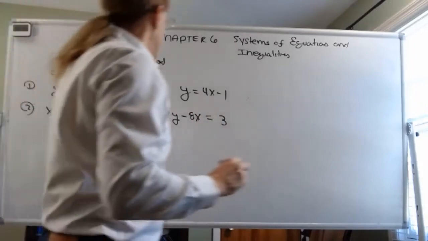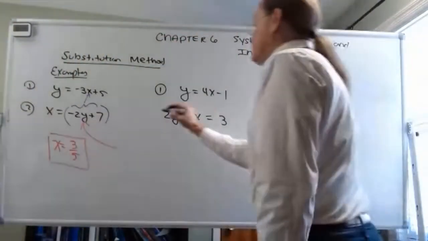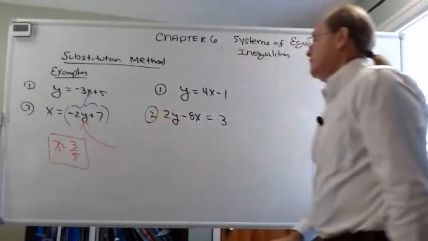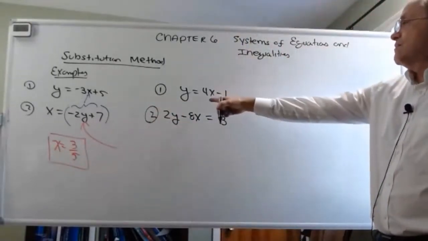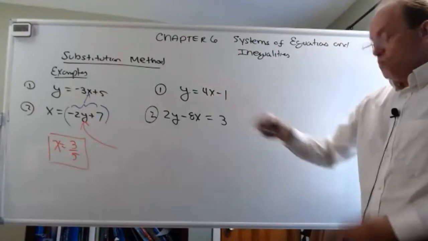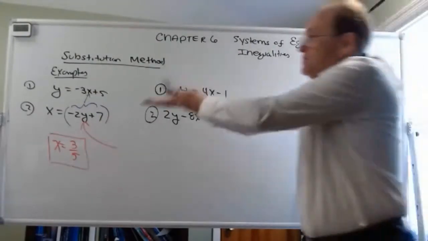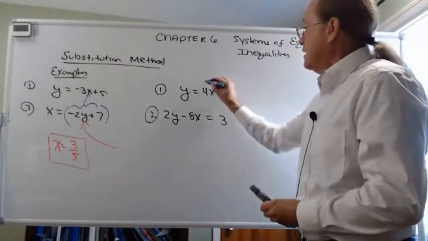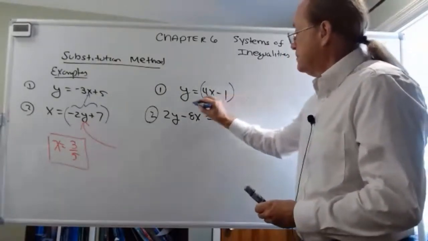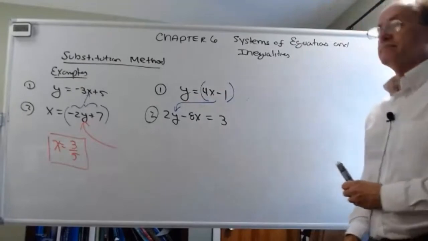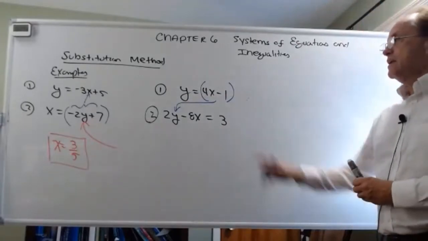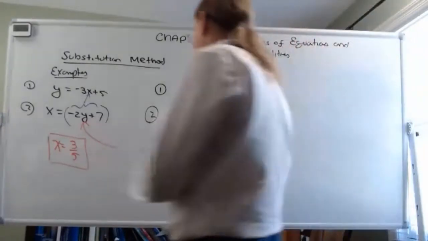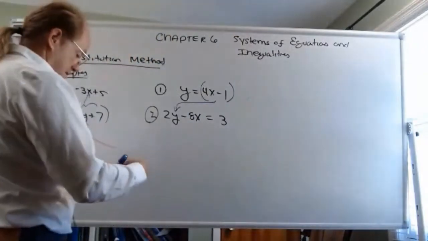Okay, so I have these two equations over here. So what can I do? Let's turn it around. I have the first equation solved for y. Doesn't matter. I've been going from the second into the first. It doesn't have to be that way. I could take this over here and replace it for y over there. So when I do that, let's see what happens.